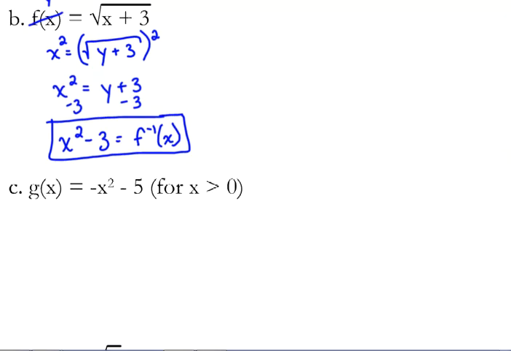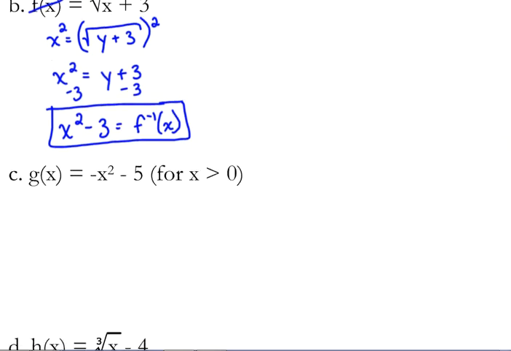Okay, let's look at one similar to the first one that we did. Our original function here is negative x squared minus 5. We've got for x is greater than 0 again, so positive square root. So let's start the process. Switch x and y.